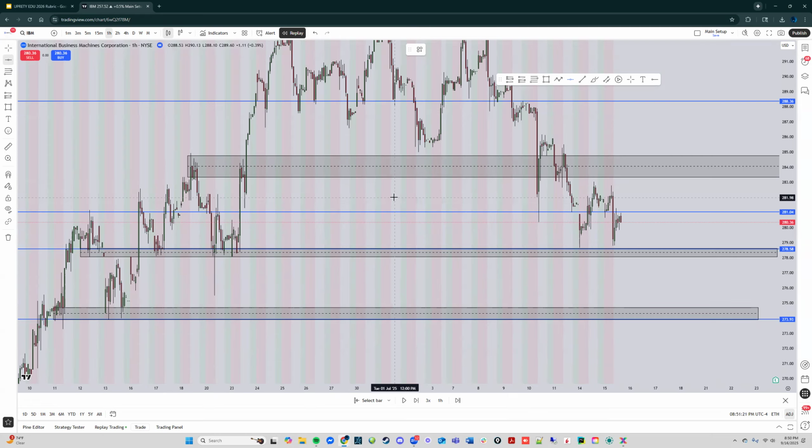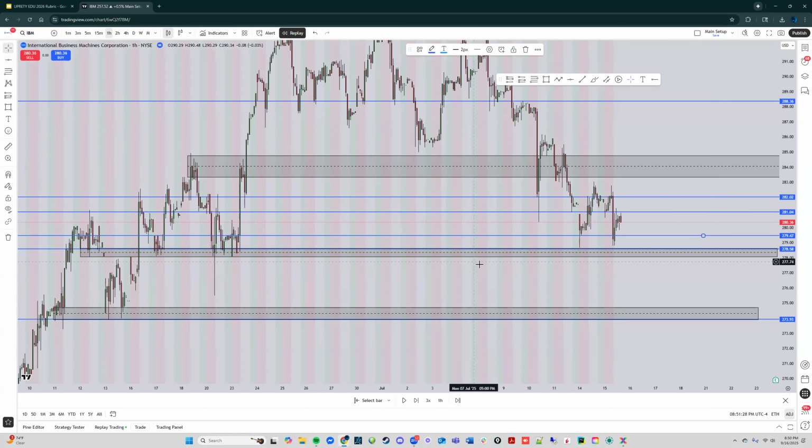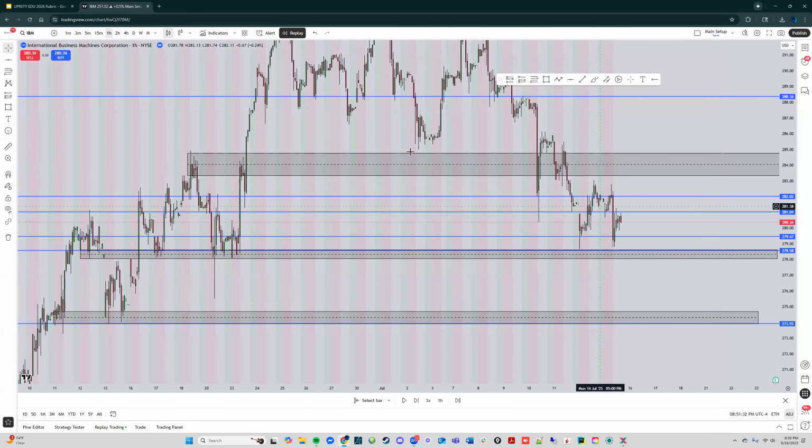I would place a level right here, and I would also maybe even place a level right down here. So we're about $1 to $2 apart from levels.